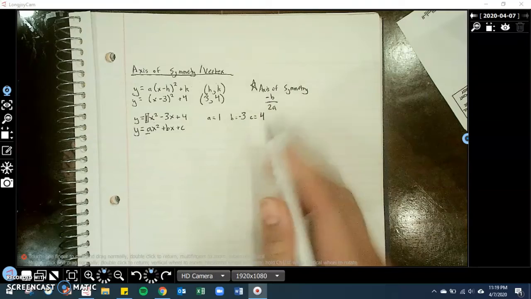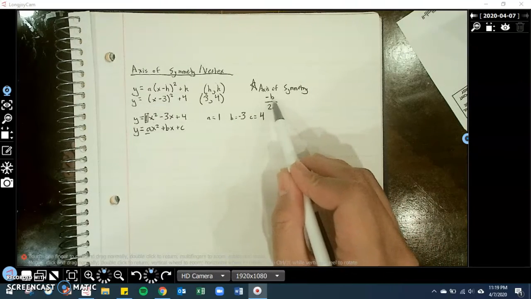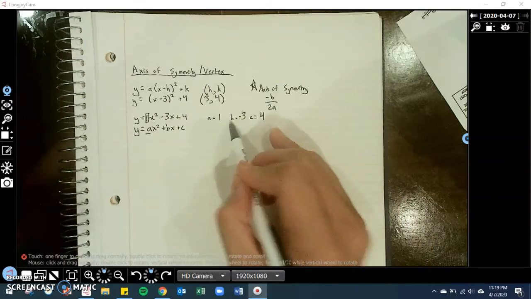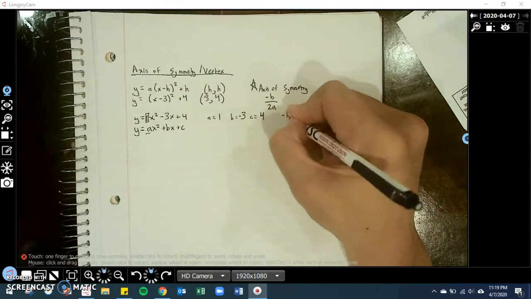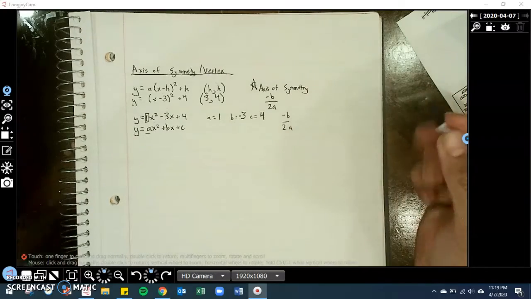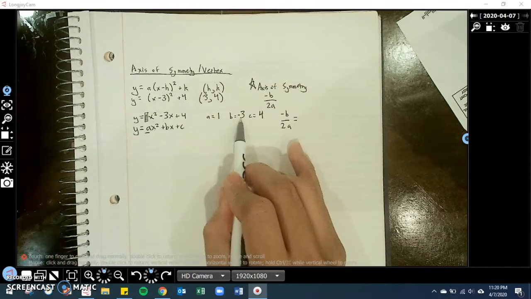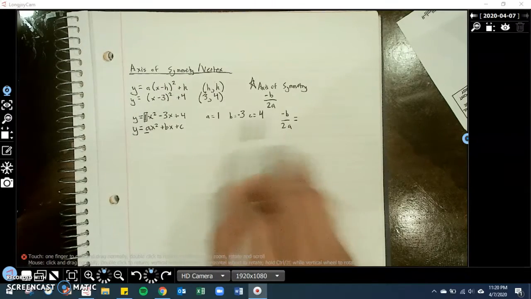Okay? What this helps us do is I can actually find my axis of symmetry using b and a. So if b is negative 3, if I wanted to use negative b over 2a as my formula, again, if b is negative 3, then negative b means I need to change the sign.